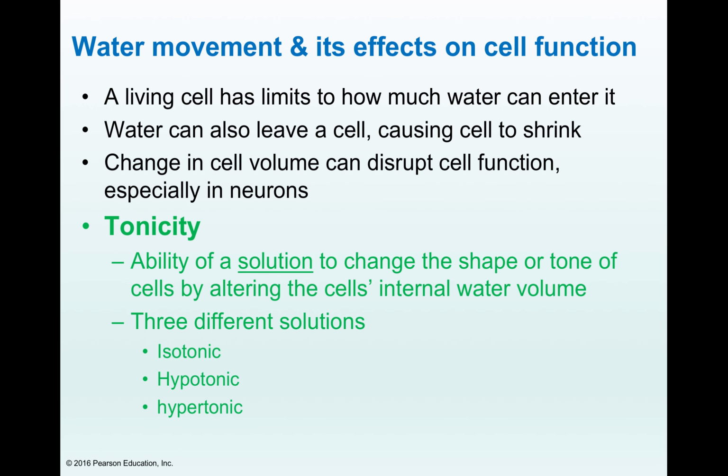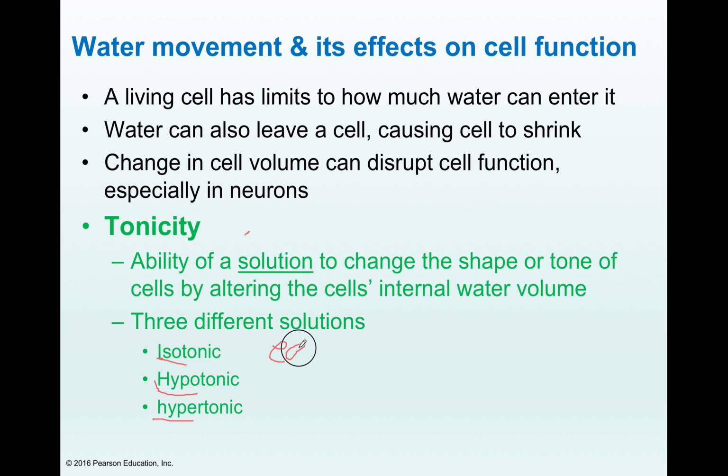So let's keep this in mind, and let's take a look at the situations that you can place your cells in, and how those situations affect the shape of the cell and its activity. So we have three words here: isotonic, hypotonic, and hypertonic.